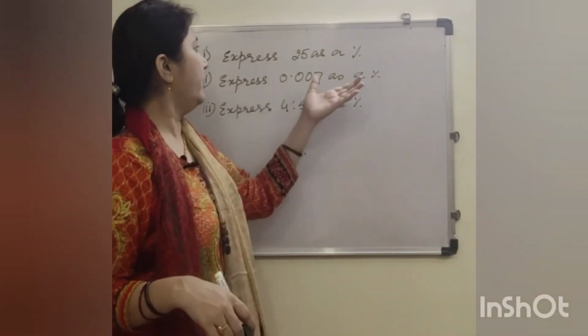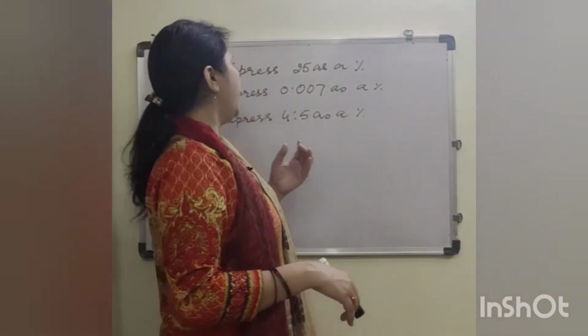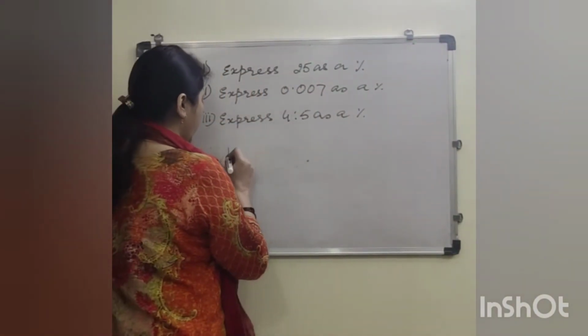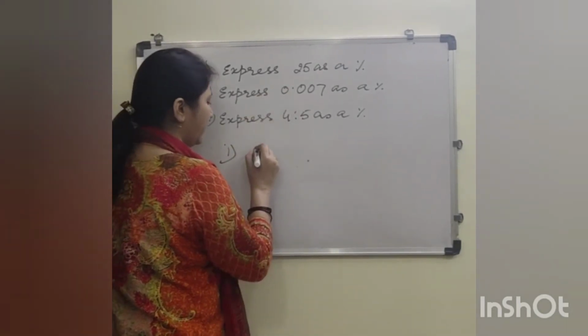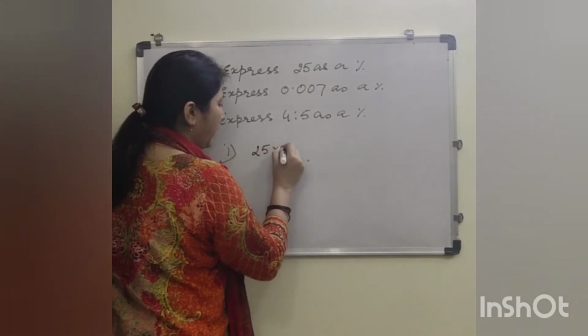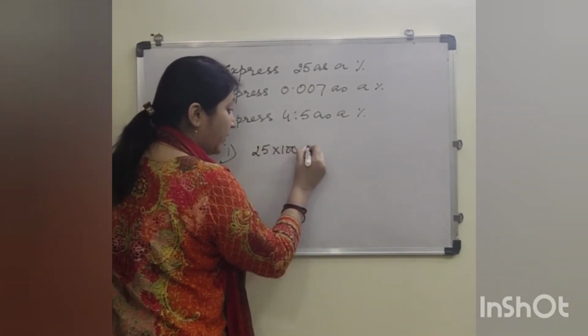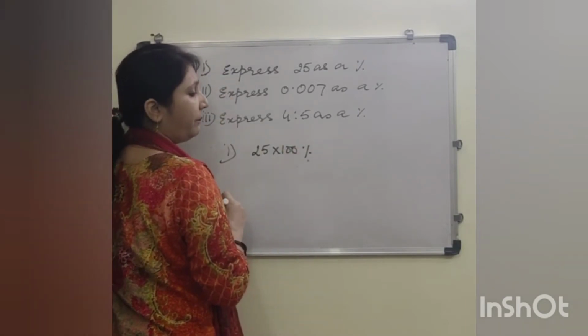Here I have written 3 questions for you. Express 25 as a percentage. The first one, where you have to express 25 as a percentage, you simply multiply it by 100 and put there a sign of percentage.